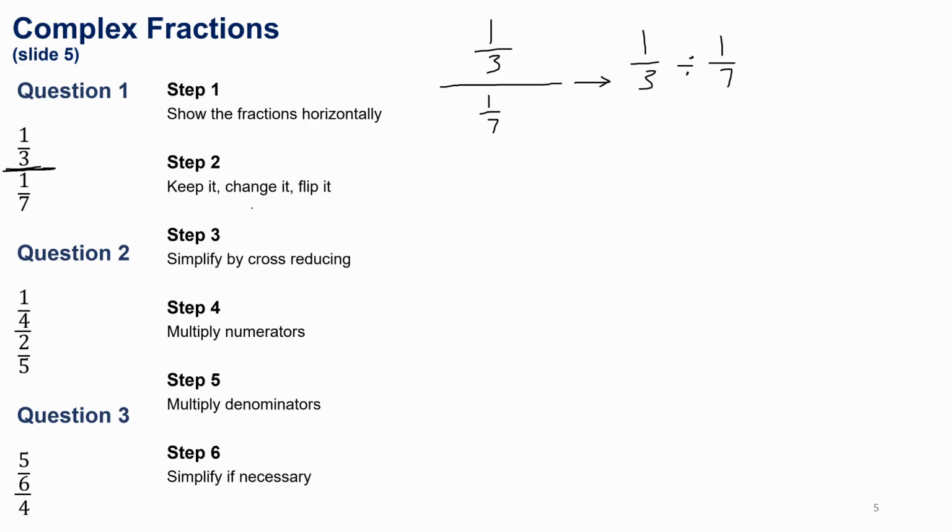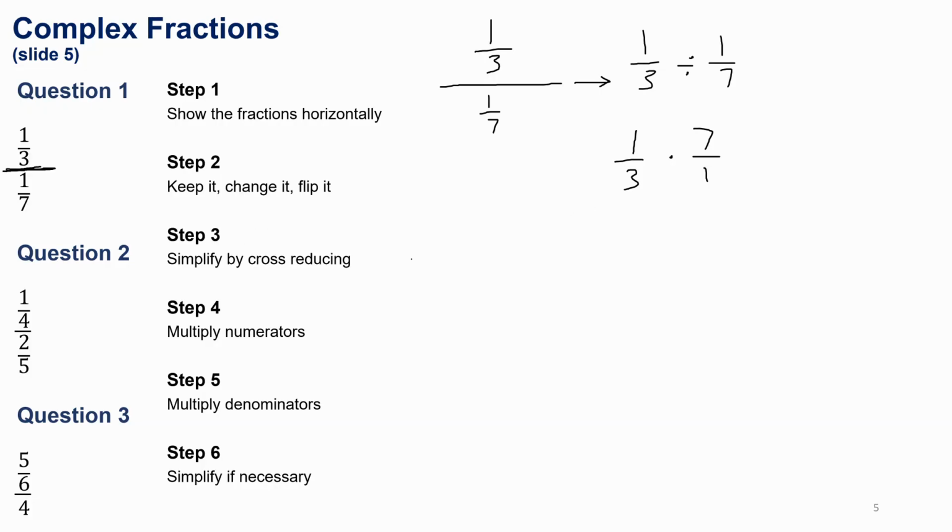So from here, we can do the keep it, change it, flip it rule. So 1/3 stays 1/3. Division changes to multiplication, and 1/7 becomes 7/1.